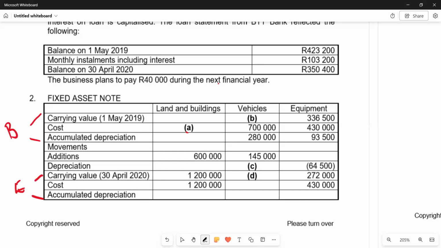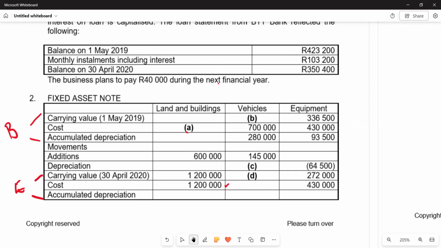And for us to find A, we remember that to find the cost at the end, which is this one, 1,200,000, you say cost at the beginning plus additions gives you cost at the end.